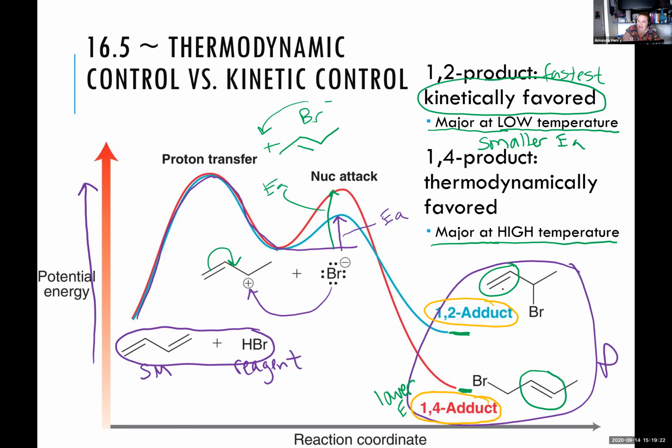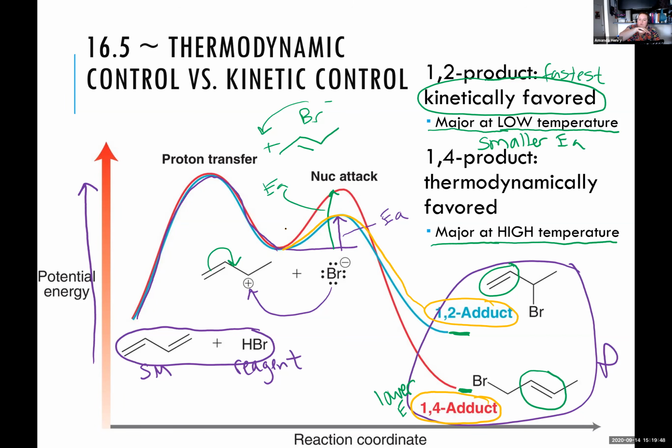And it's at a high enough energy that it can actually go in reverse. The 1,4 product can't go in reverse because it's already so low in energy, and that activation energy was so high that that hill is just too big for it to overcome. But the 1,2 can go in reverse.